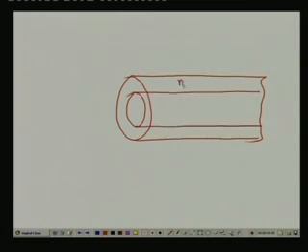This is N2, and this is refractive index N1. So, actually what will happen, you see that N1 is at the center point.